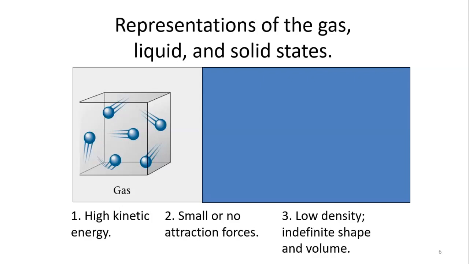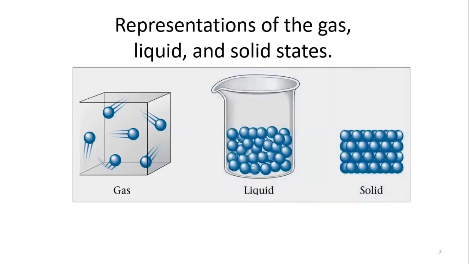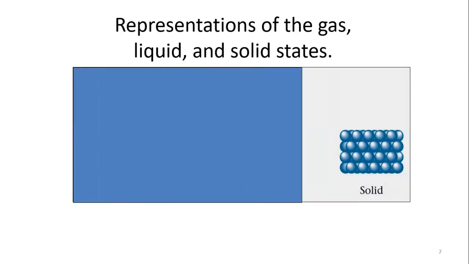Okay, let's look at solids on the other end of the spectrum. Again, we can see by the fixed order of the particles in here that they're going to have very low kinetic energy. They have very little room for moving around, little wiggle room, and so their kinetic energy is going to be low.